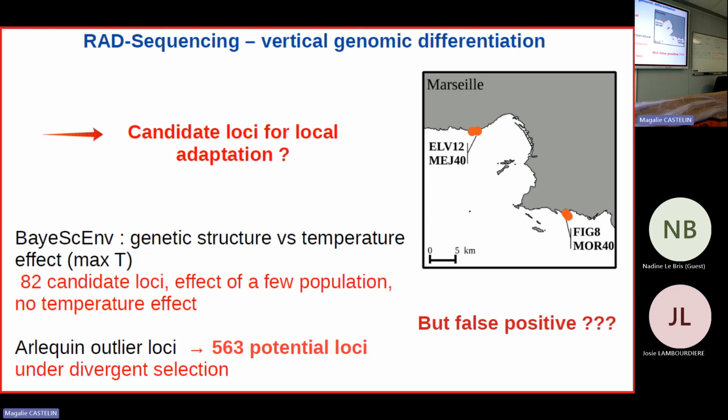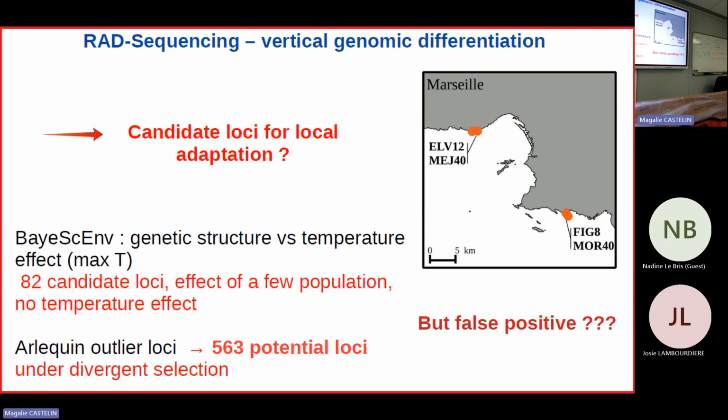So the thermal stress is probably higher at 10 meters than at 40 meters. So we could say, and I've shown you, that colonies from 10 or 20 meters are more thermotolerant than colonies at 40 meters. So maybe there are some genetic adaptations. Maybe there are some loci, some parts of the genome, which are responsible for the higher thermotolerance.